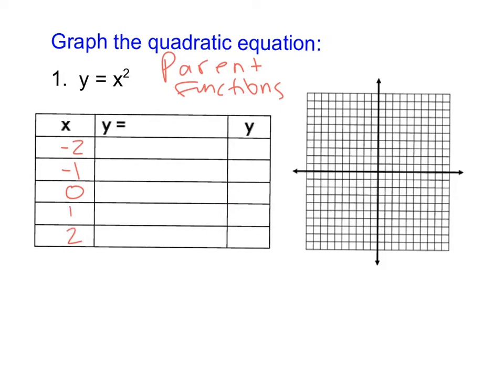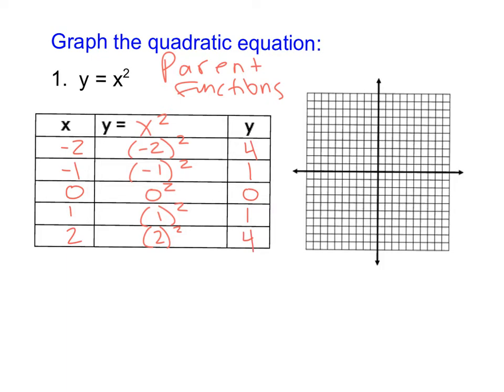And whenever you make a table, you're supposed to have smaller numbers on top, bigger numbers on the bottom. So we're plugging into x squared. So that's negative 2 squared, negative 1 squared, 0 squared, 1 squared, and 2 squared. We just plug into the equation, and we get 4, 1, 0, 1, 4.